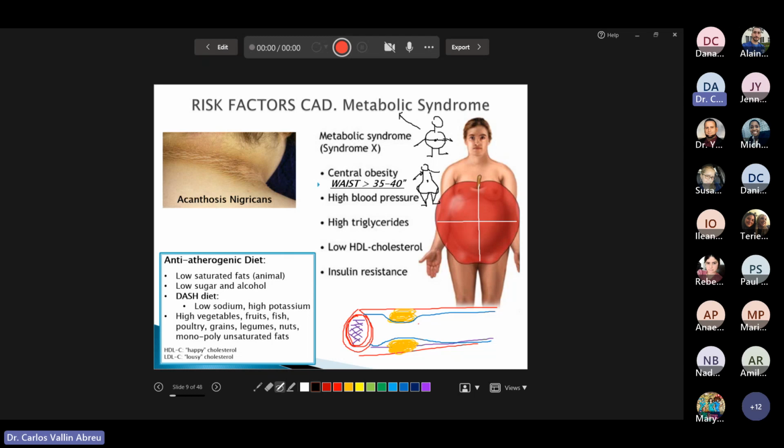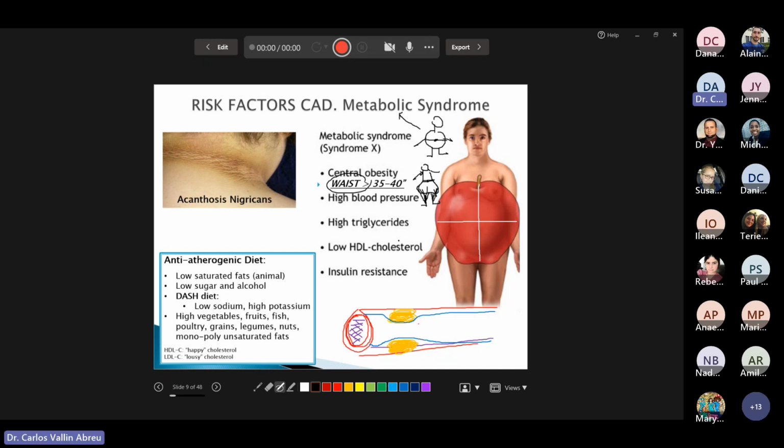At the level of the umbilicus, you have one measurement, called the waist. Notice that the pear shape has a narrow waist, while the apple shape obesity has a wide waist.